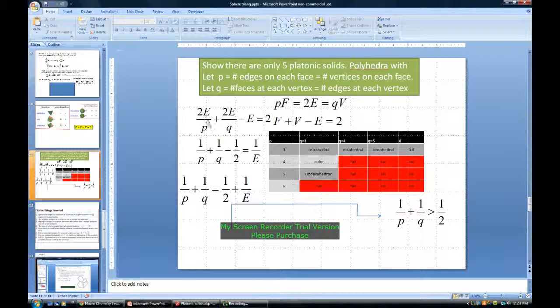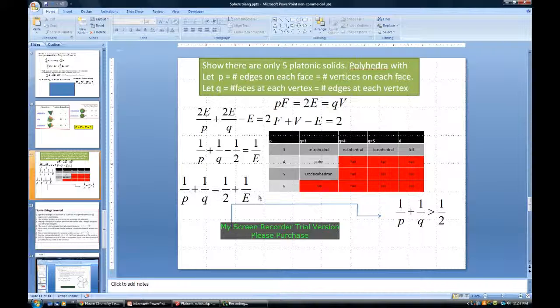And you can divide out the 2e, and you get 1 over p plus 1 over q minus 1/2 equals 1 over e. Or 1 over p plus 1 over q equals 1/2 plus 1 over e. 1 over e is always a positive number because the number of edges is always positive.